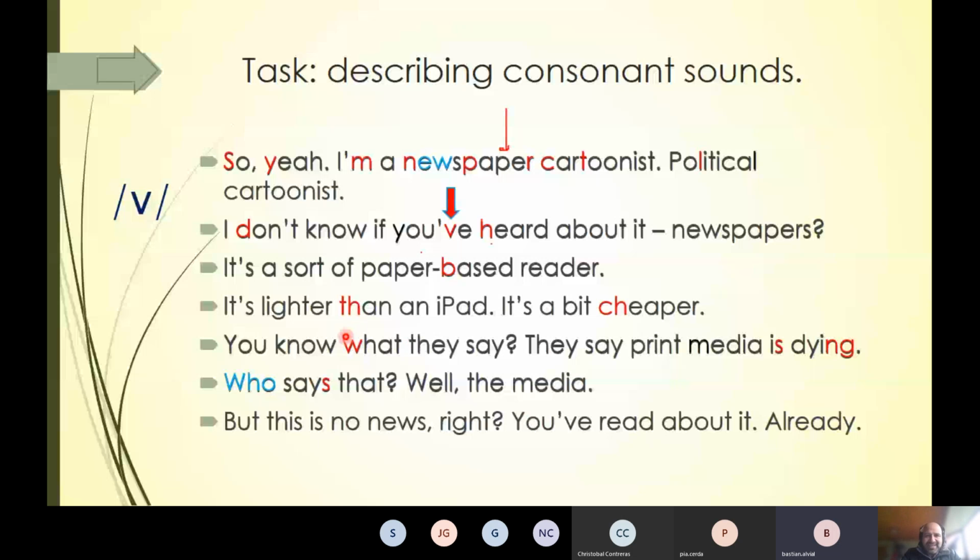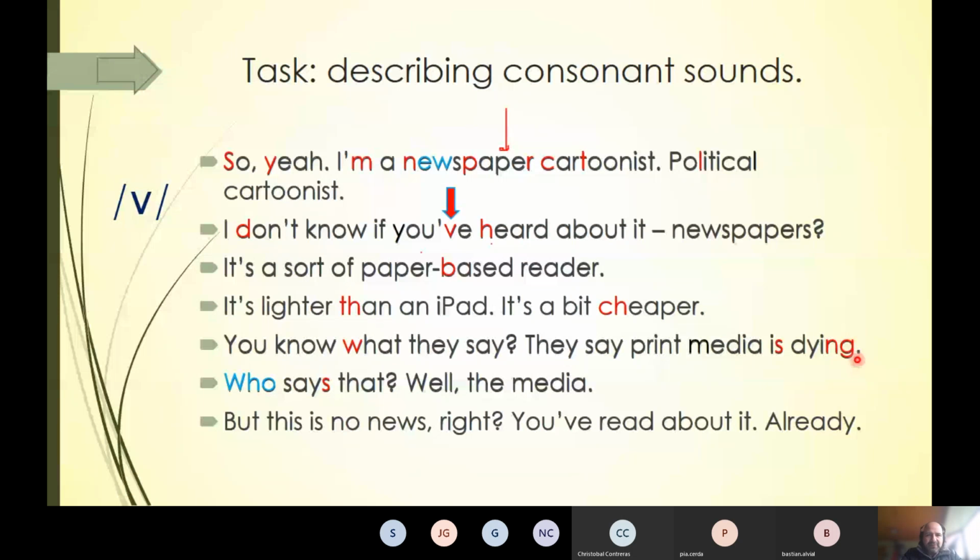Then would be interdental, exactly. And from the ones that we're still missing, which one do you think is velar? Dying, exactly. Dying would be velar. Perfect.